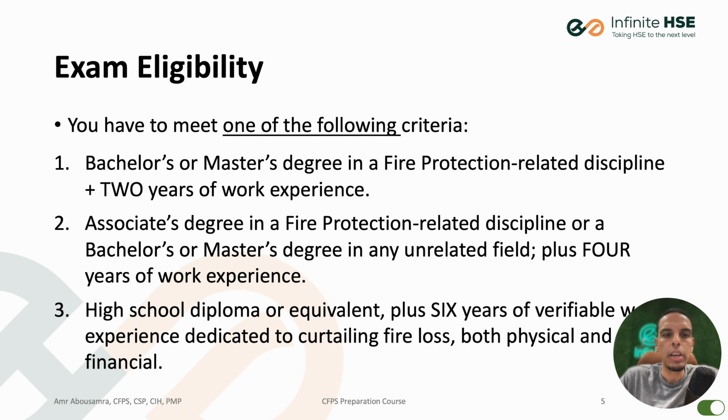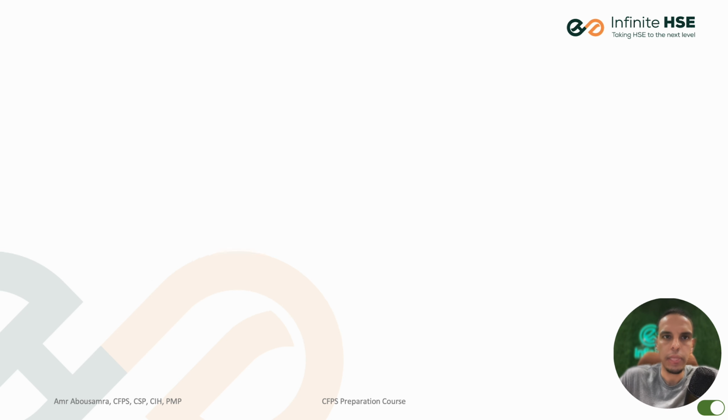And the last option, if you have a high school diploma plus 6 years of experience, you can also apply for this certification. As we discussed, the first option is the most common among people. They have a bachelor's degree in science or engineering, so they have to prove at least 2 years of experience to be eligible for this exam.